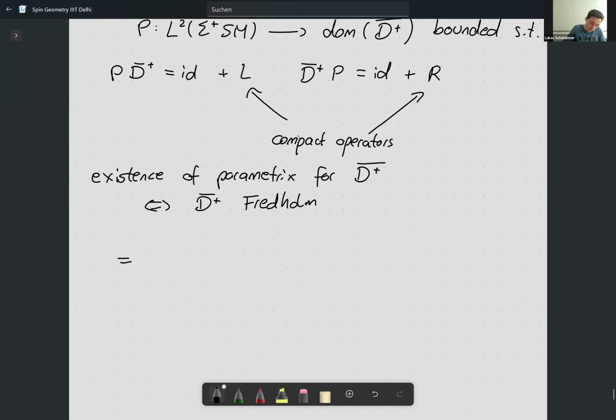And then we want to do index theory. And lucky for us, someone already computed this in the case of straight cones.